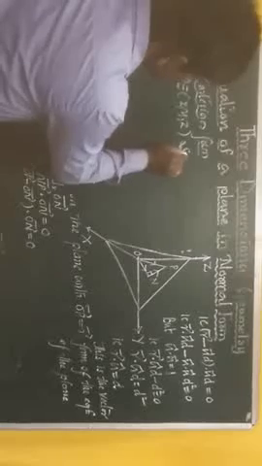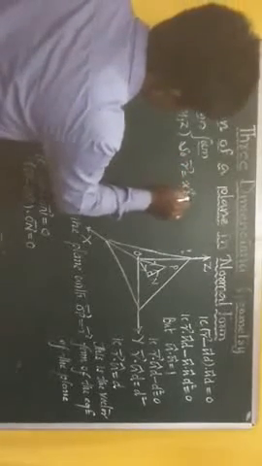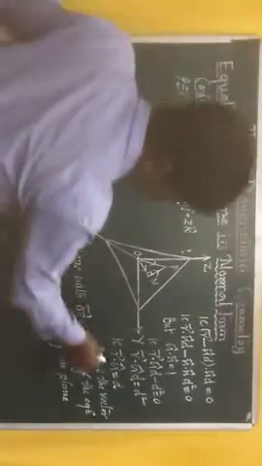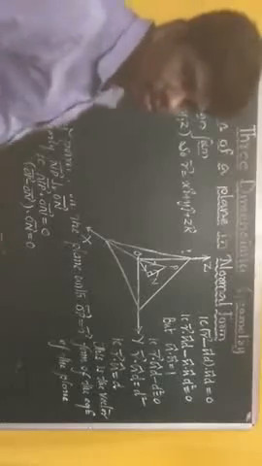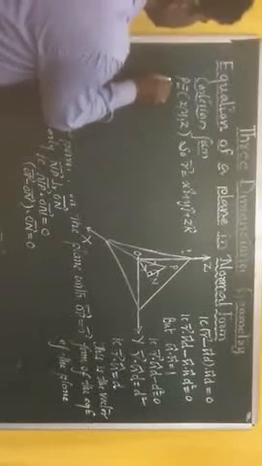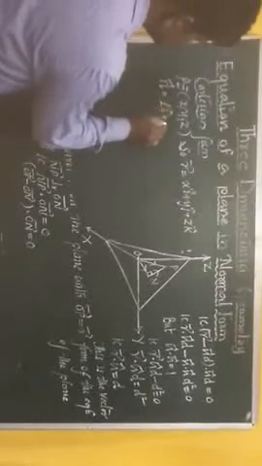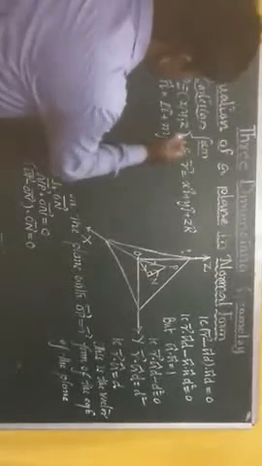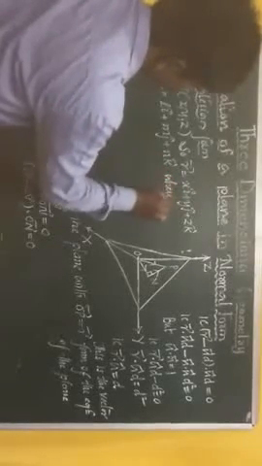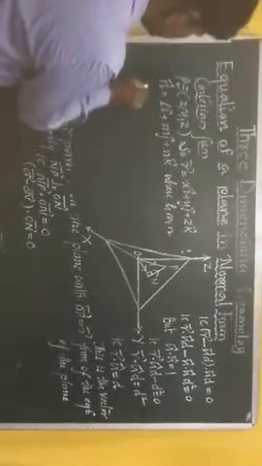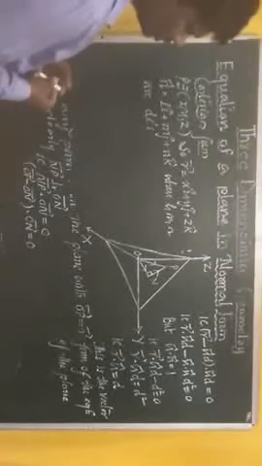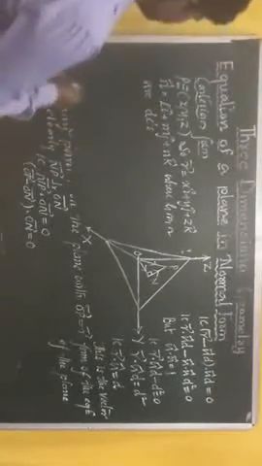So vector r will be equal to x i cap plus y j cap plus z k cap, and whereas vector n cap is a unit normal vector, so using the direction cosines I can write n cap as l i cap plus m j cap plus n k cap, where l, m, n are direction cosines.